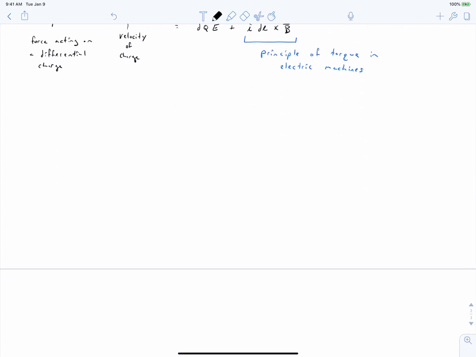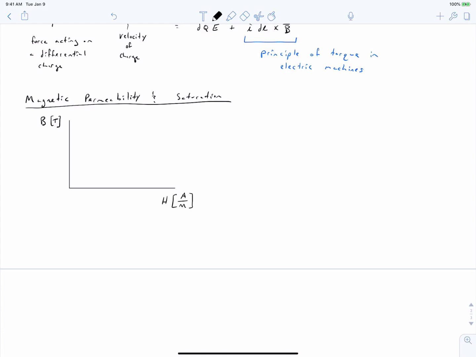And the second of the two housekeeping items is to come back to this topic of magnetic saturation and magnetic permeability. So what your steel manufacturer will provide you with is called a BH curve, and this is simply a plot of the magnetic field that is created in the steel as a function of the H field that you apply to it. So we apply a certain H field by flowing a current, and we observe how much magnetic field we get.